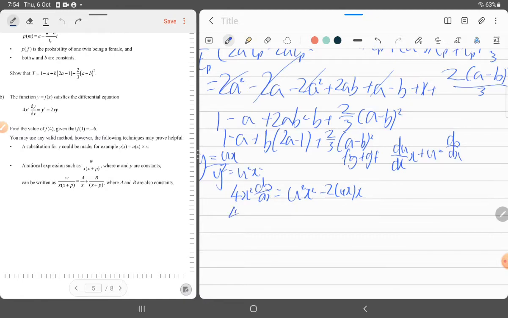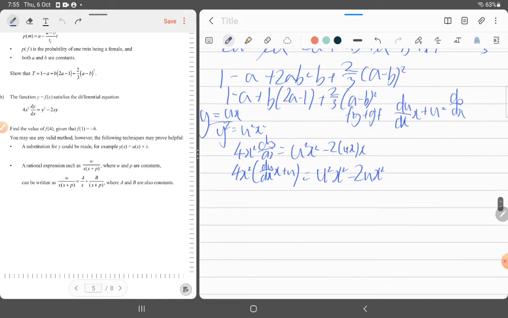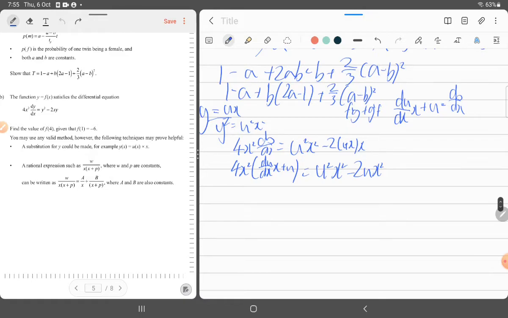So for 4x squared, du over dx x plus u is equal to u squared x squared take away 2ux squared. So du over dx x plus u is equal to u squared take away 2u over 4.